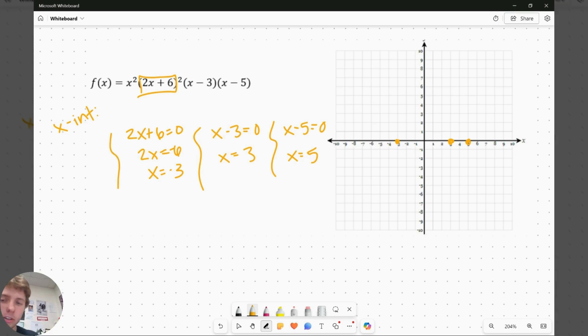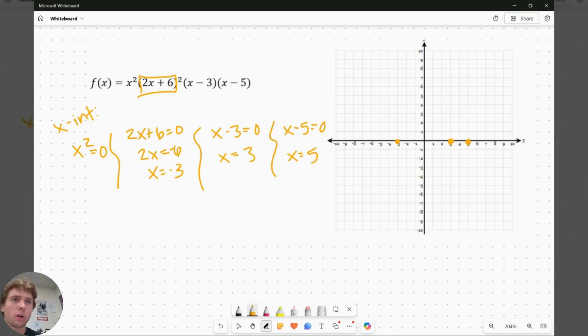Notice there's one factor that is not in parentheses. That factor is x squared. If you ever have x squared or x in front of the parentheses, where it's not being added or subtracted with anything, well, whenever you isolate x, if there's nothing adding or subtracting with it, you're always going to get 0.